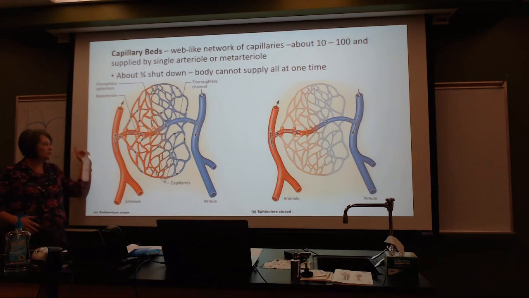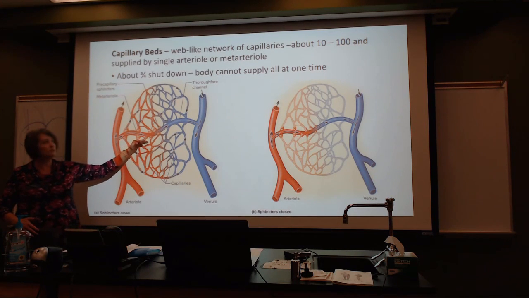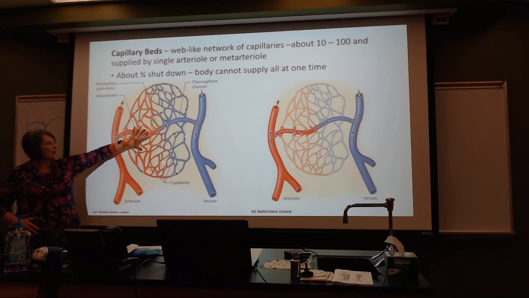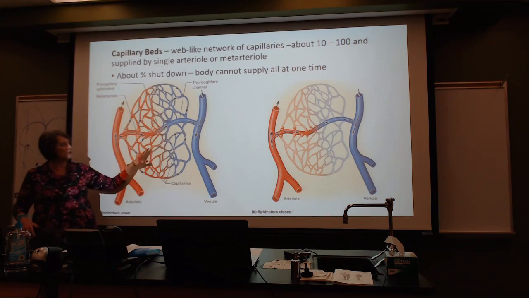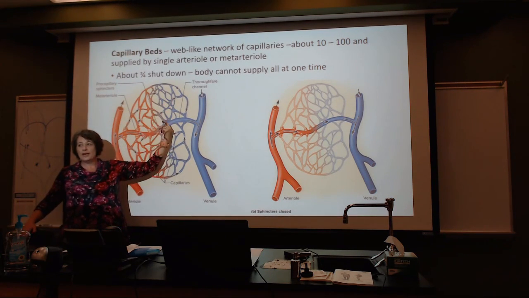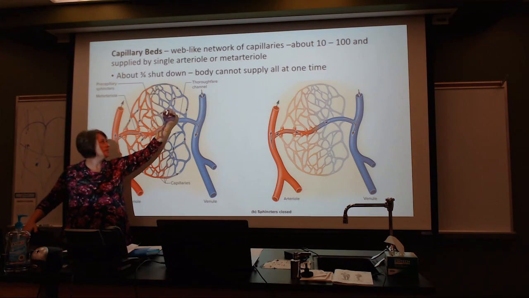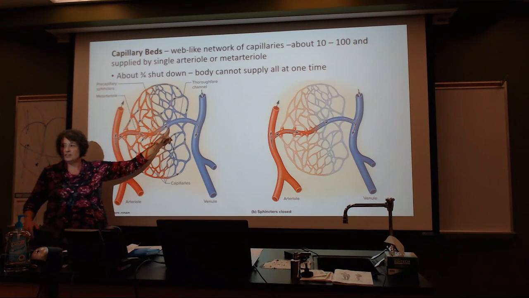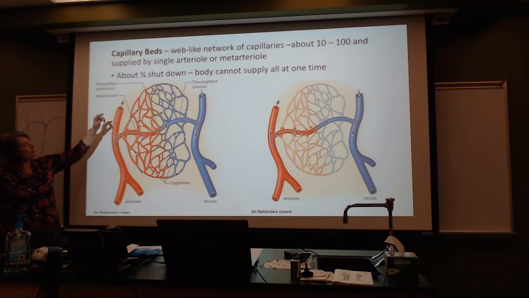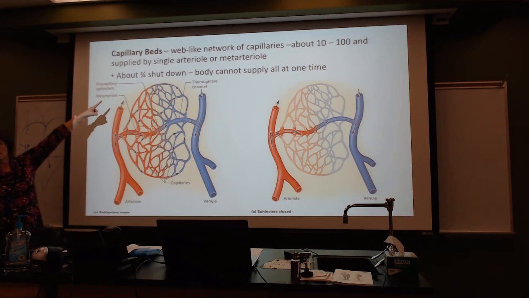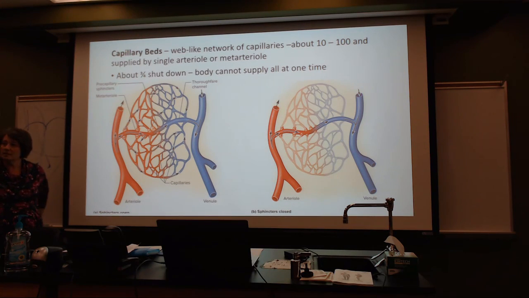Blood flows to the arterial side. Materials move out into the tissues. The waste of the cells in that tissue comes back onto the venous side, and we return. At any point in time, about 75% of your body's capillaries are shut down.